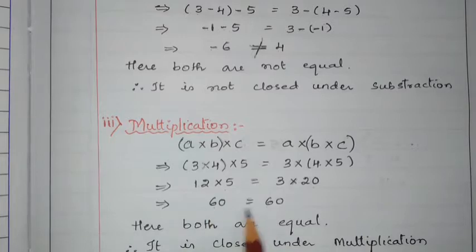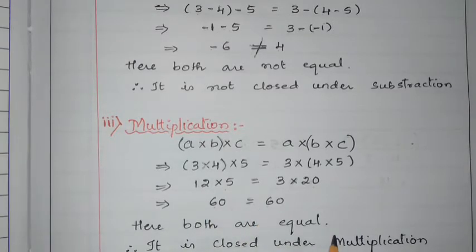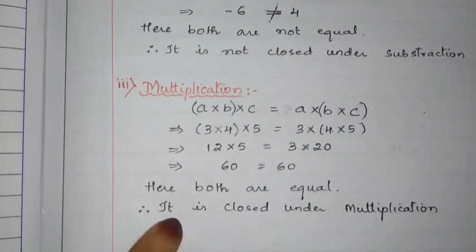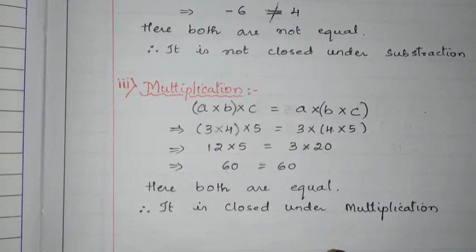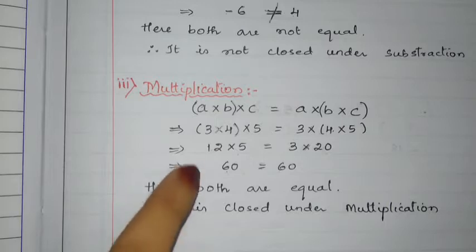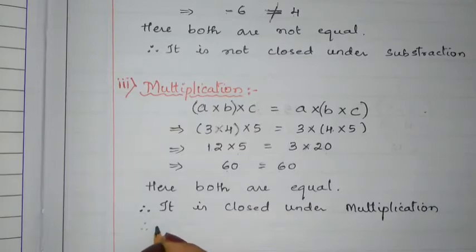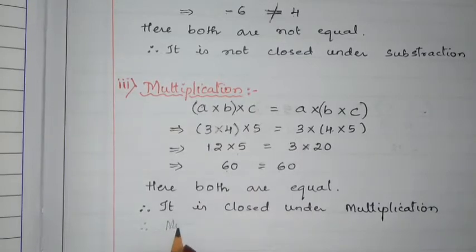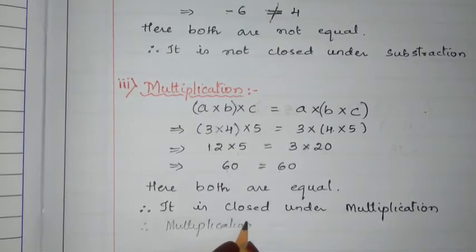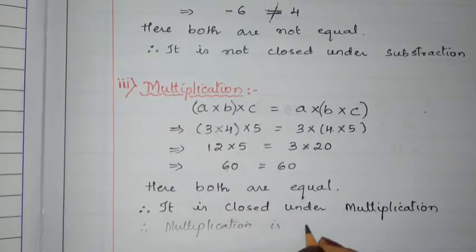Here both LHS and RHS are equal. Therefore it is closed under multiplication, or else you can write multiplication is associative. Okay.